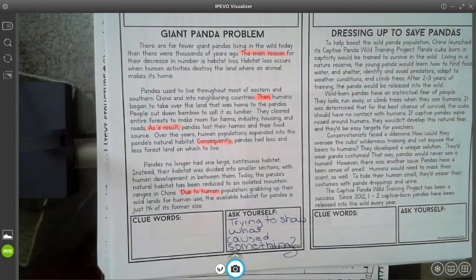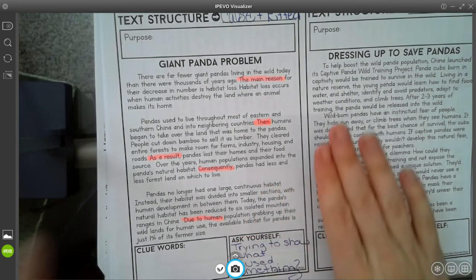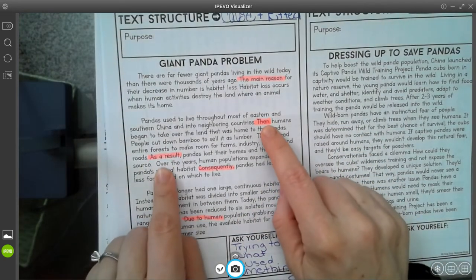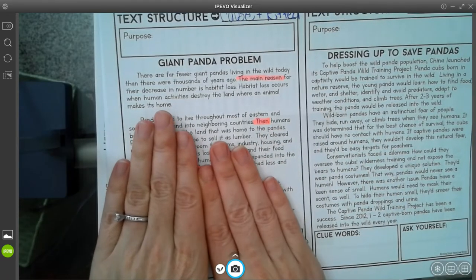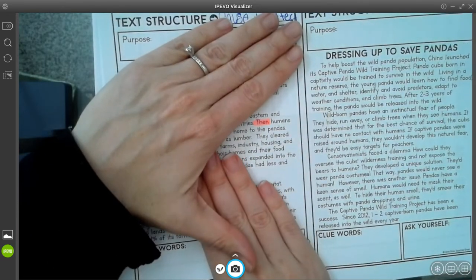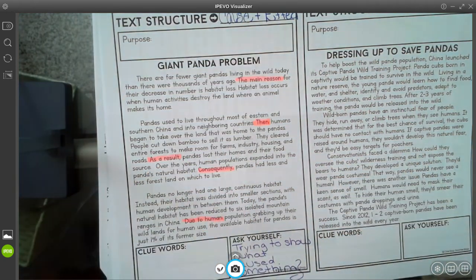All right, Mavs. So here's our remembering that these transition words, these clue words, do not signal a cause and effect relationship by themselves.